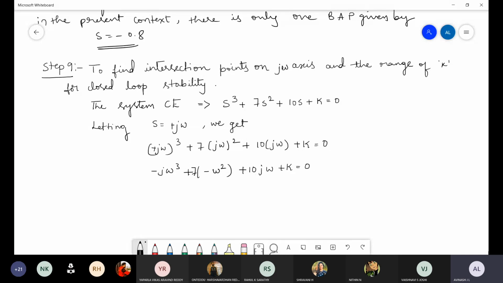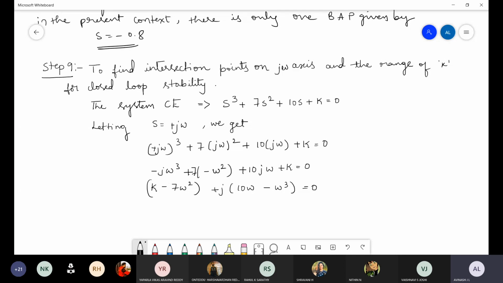Now if you take the real part and the imaginary part, you will get k minus 7 omega square plus j into (10 omega minus omega cube) equal to 0.